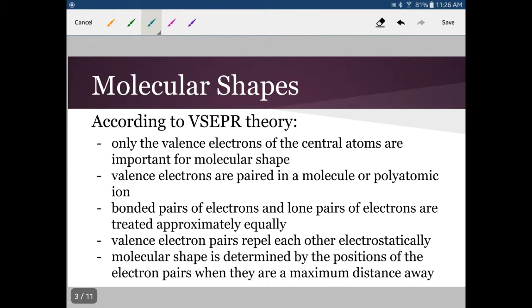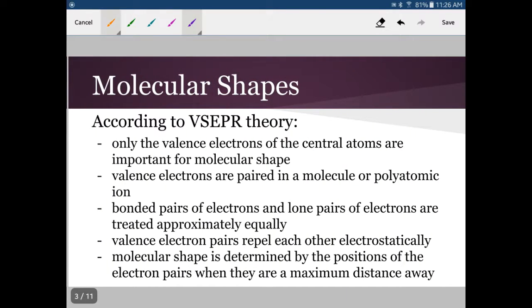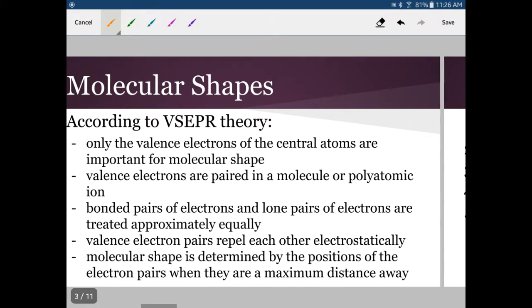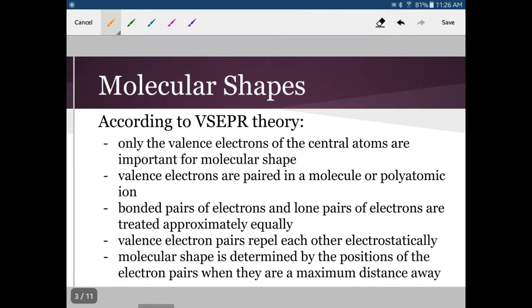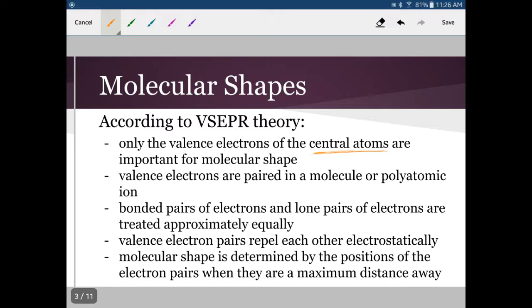So for our molecular shapes, according to VSEPR theory, only the valence electrons of the central atoms matter. Let's underline that, central atoms. So our central atoms are the only ones important for molecular shape. That is an important thing to notice.